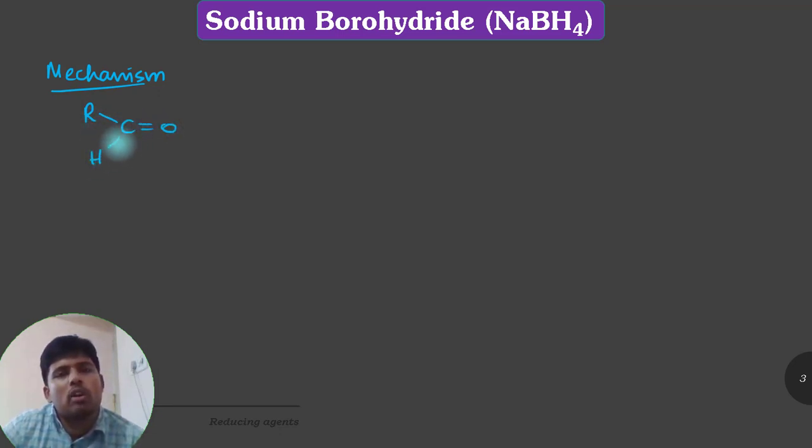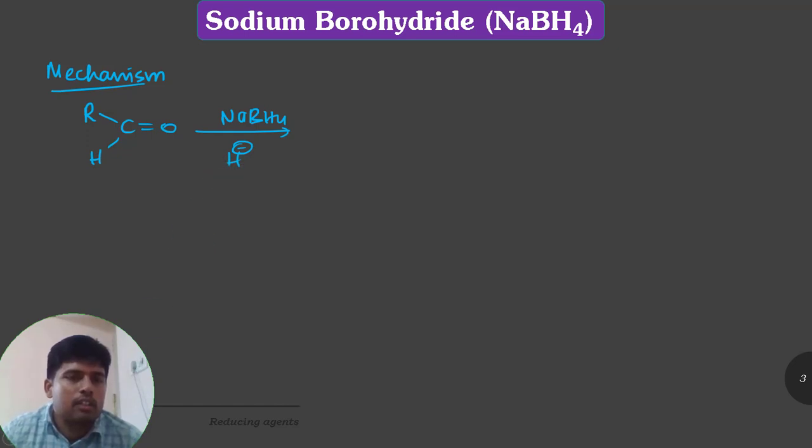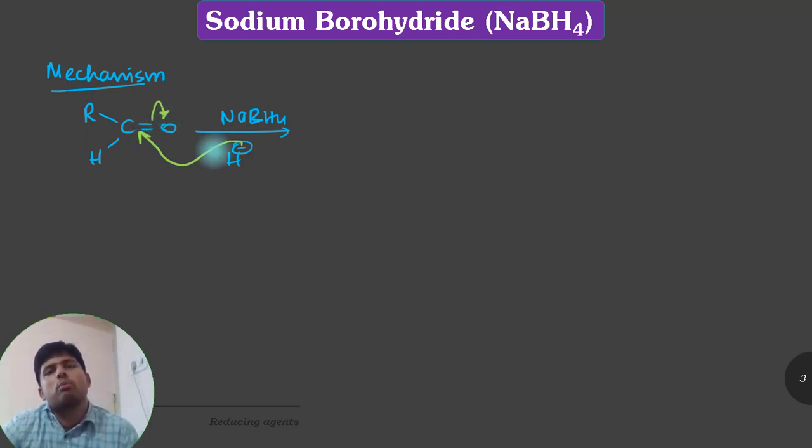So RCHO in presence of NaBH4. NaBH4 gives H-. This H- will attack this carbon and it will cause shifting of the bond like this.